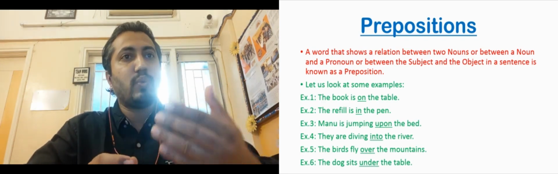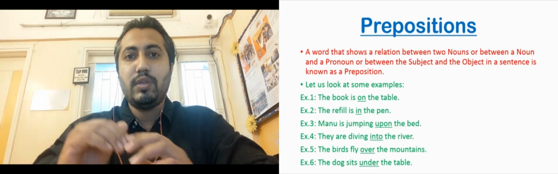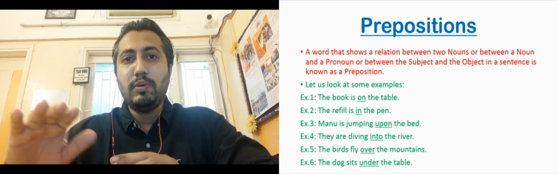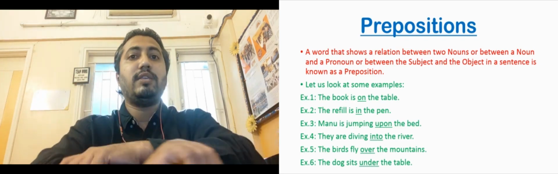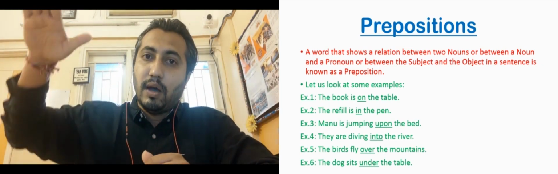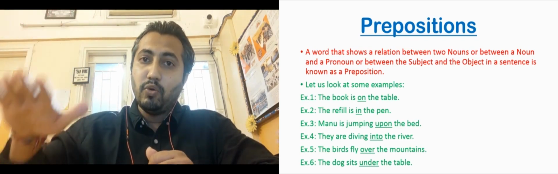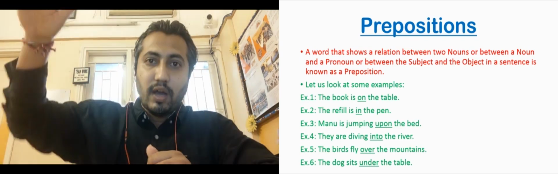Then next one: Manu is jumping upon the bed. Now the difference between on and upon is this. Manu is coming on the bed again and again.